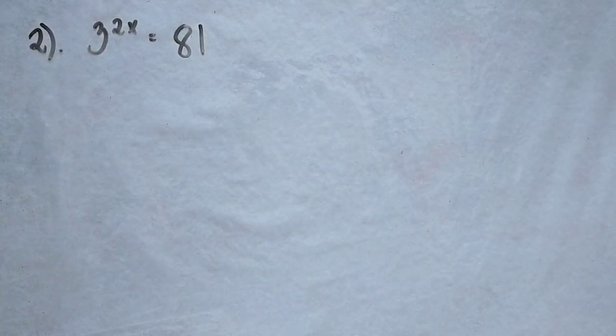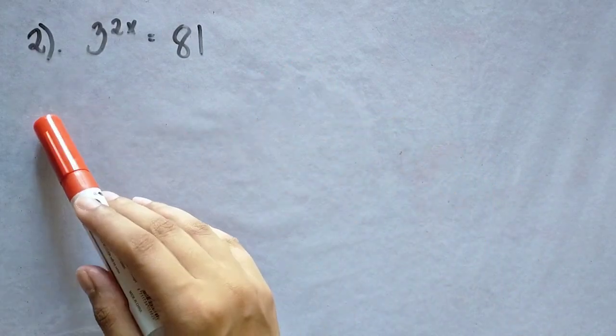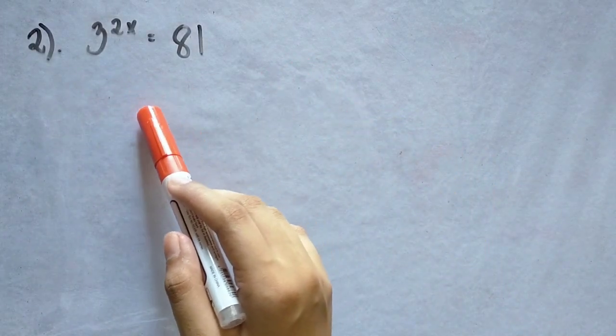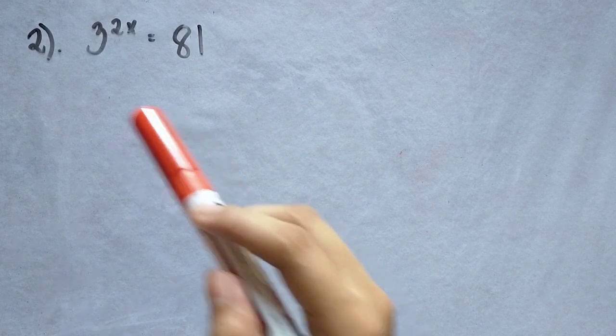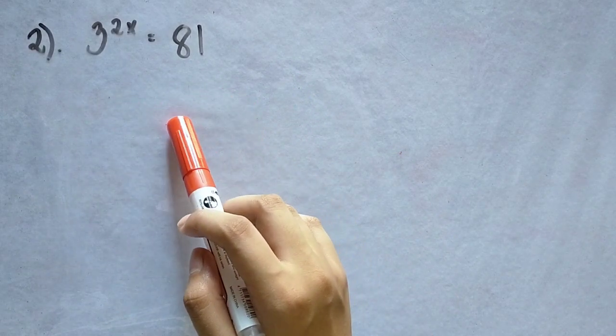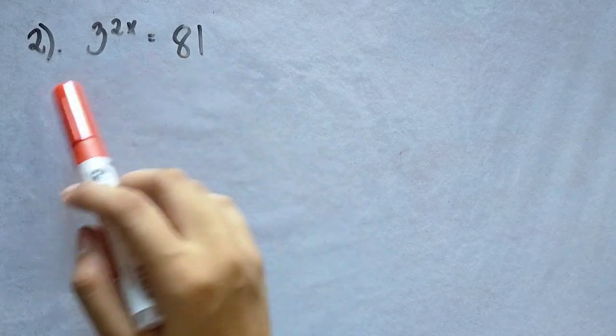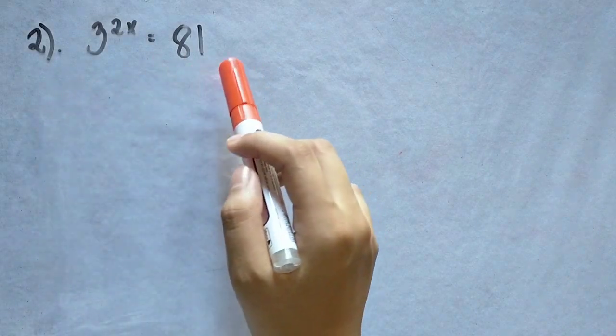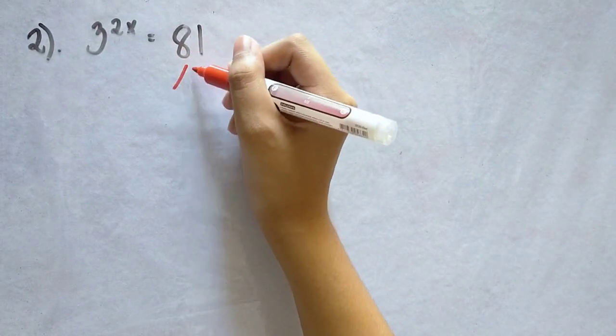In our second example, meron naman tayong 3 raised to 2x is equals to 81. Just like what I said sa first step kanina, let's find the factor of the highest number among the two. So, sa kanilang dalawa, 81 is much higher, and let's find its factor.